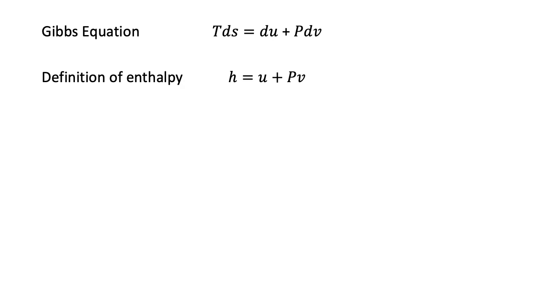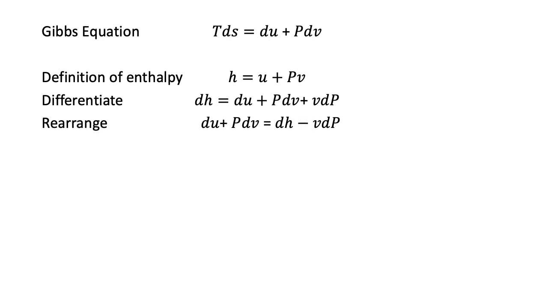So let us start with the definition of enthalpy, that H is equal to U plus PV. Differentiating this, we get that dH is equal to dU plus PdV plus VdP. Rearranging, dU plus PdV is equal to dH minus VdP.